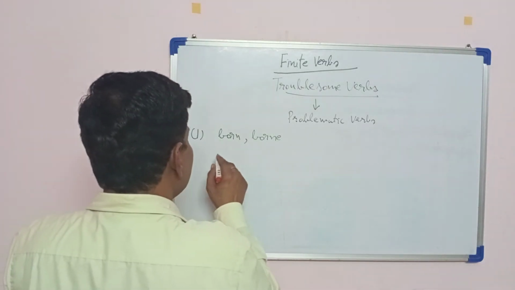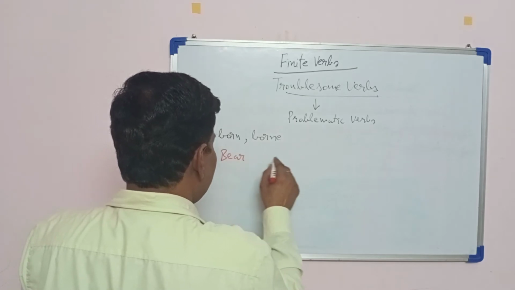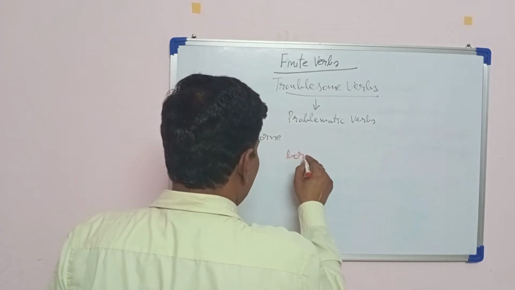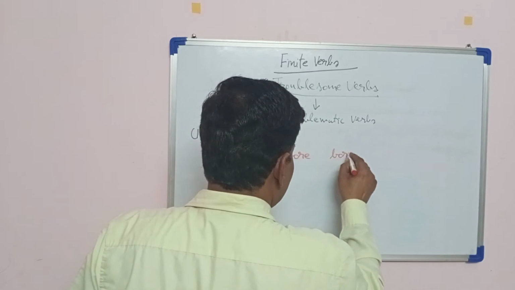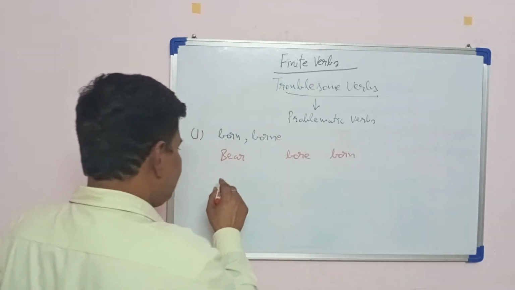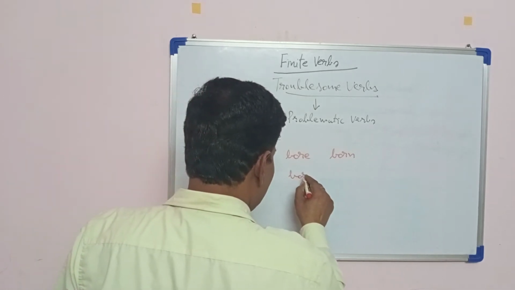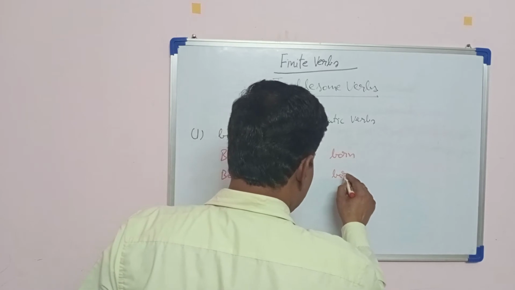So firstly we will understand the first one. Born. We know this is a verb, bear, bore, born. Here another verb, bear, bore, borne.